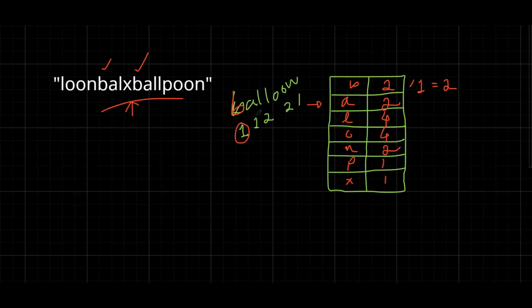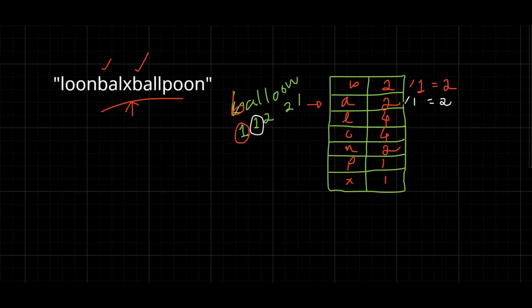Now the frequency of A is 1 in balloon, and the frequency of A is 2 in the input string. So if we divide 2 by 1, the result will be 2. So to form the balloons, both of the A can be used to make 2 individual balloons.